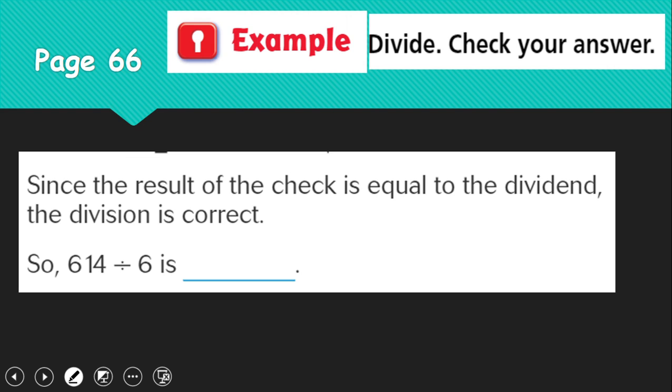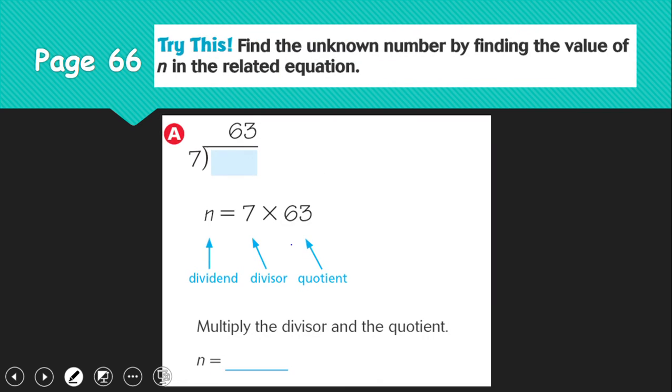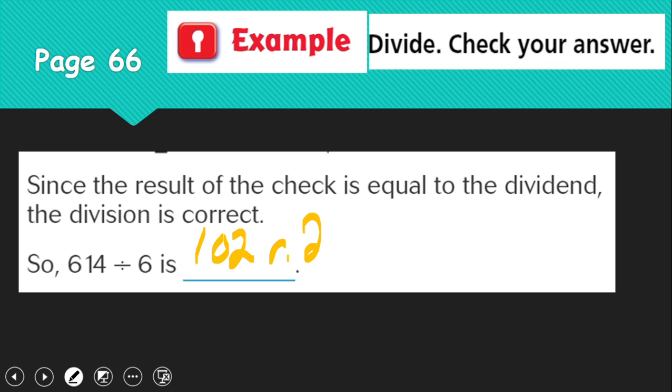Since the result of the check is equal to the dividend, the division is correct. So 614 divided by 6 gives me 102 with a remainder of 2. And that's towards the bottom of example one.